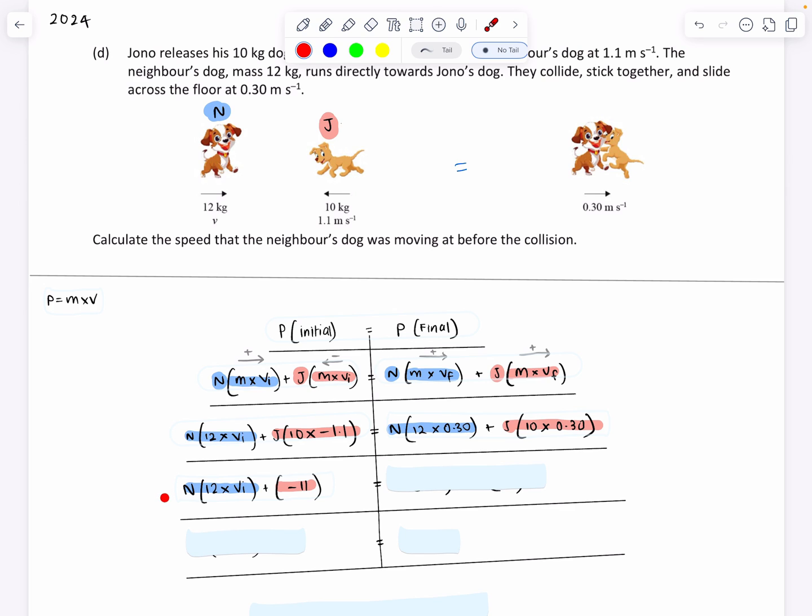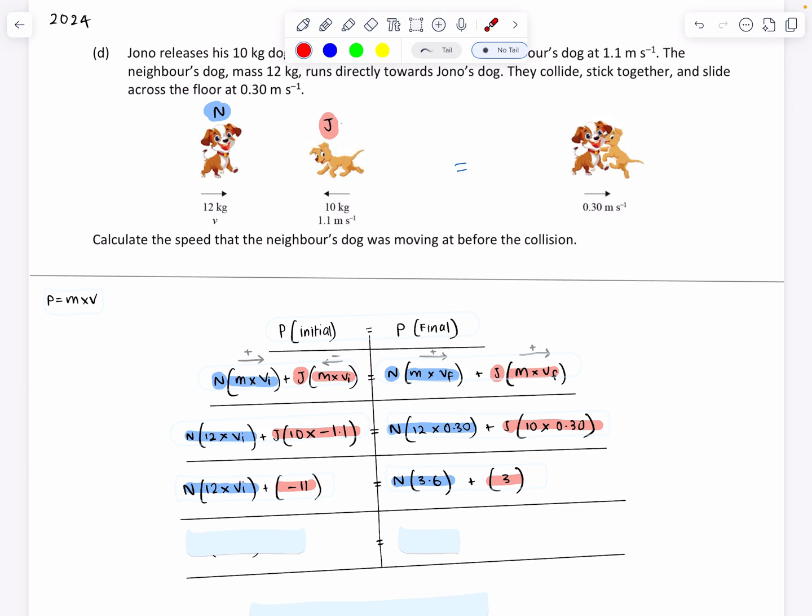Let's simplify this a little bit more. I can't simplify this anymore, so I've just left it, but I can simplify this bracket here. 10 times negative 1.1 is negative 11. Let's see if I can simplify the other side. Of course I can. 12 times 0.30 is 3.6. And then 10 times 0.30 is 3.